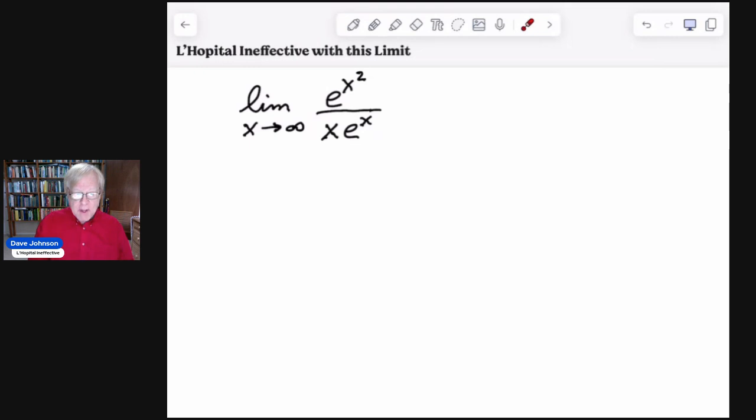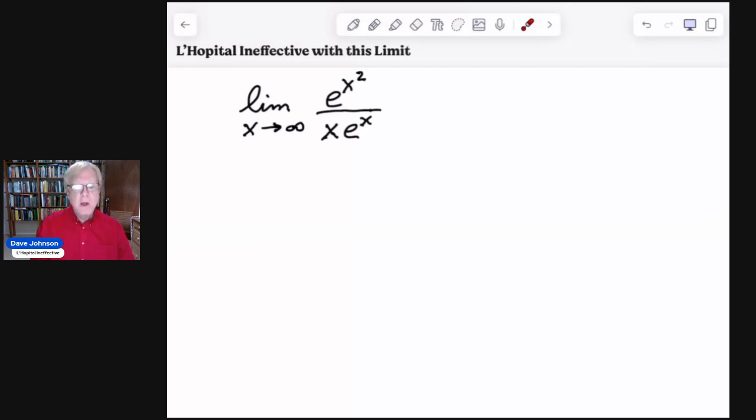So, the limit as x goes to infinity of e to the x squared divided by x e to the x. If you substitute in infinity for x, you get infinity over infinity. So this is an indeterminate form that L'Hopital can supposedly do. I'm not going to work out the details, but if you take the derivative upstairs and downstairs, you're still going to have an e to the x squared upstairs and an e to the x downstairs.